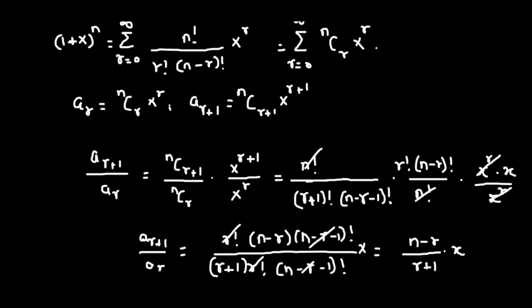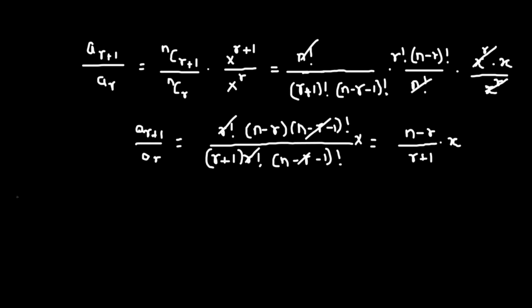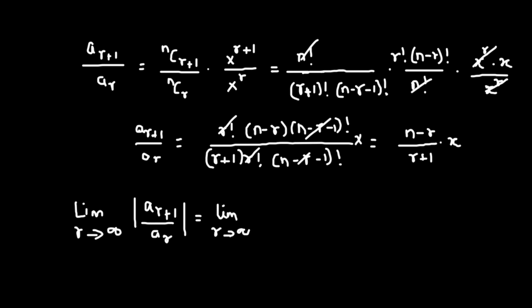Now we have already divided, so we're going to do the ratio test, which says that the limit as r goes to infinity of the absolute value of a_(r+1) over a_r is equal to the limit as r goes to infinity of (n minus r) over (r+1) times x.